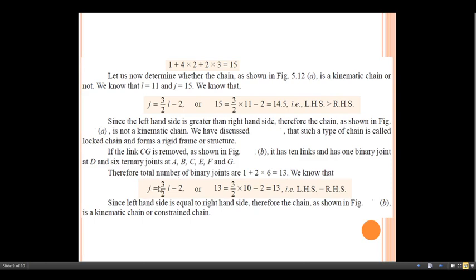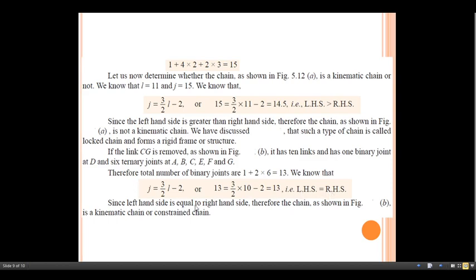We know the relation: number of joints equals 3 by 2 into L minus 2. So 13 equals 3 by 2 multiplied by 10 minus 2. Here we get 13 equals 13, LHS equals RHS.